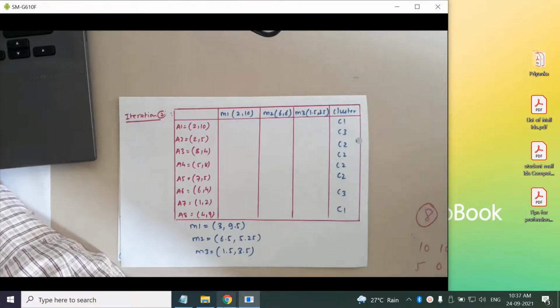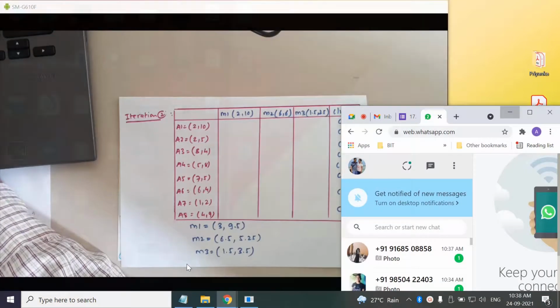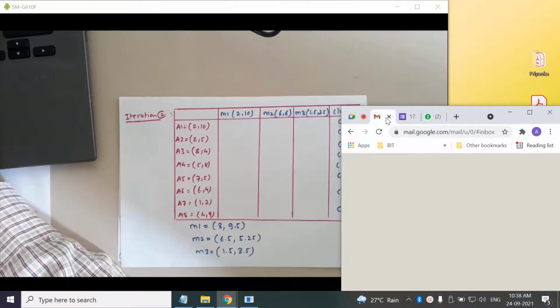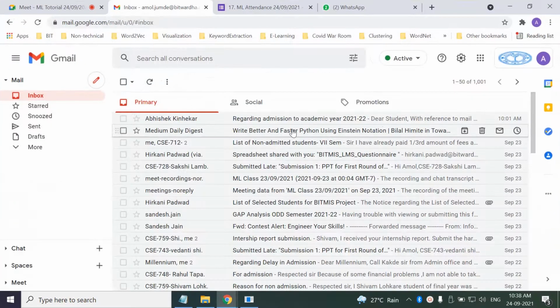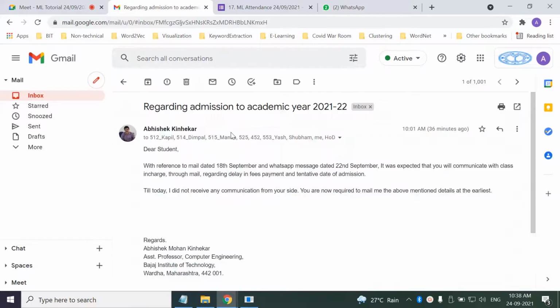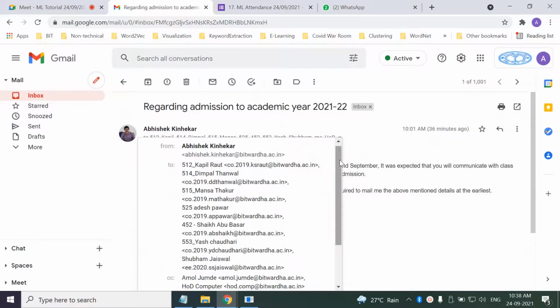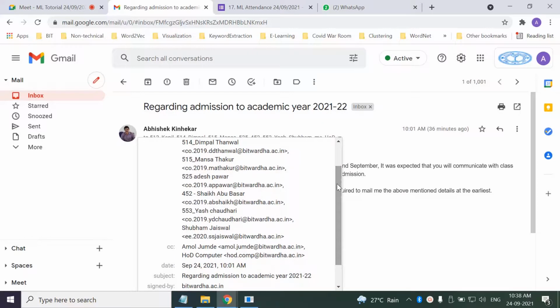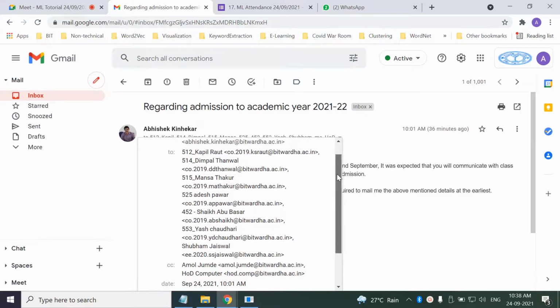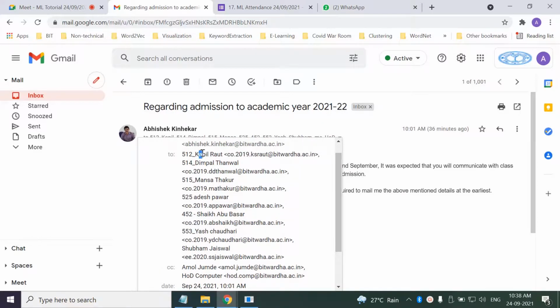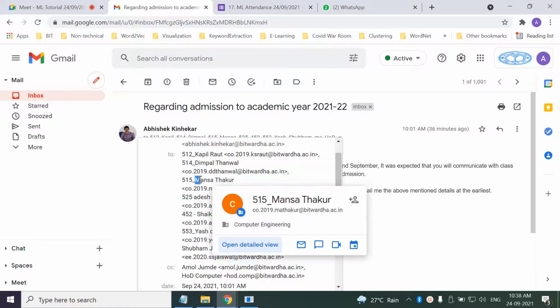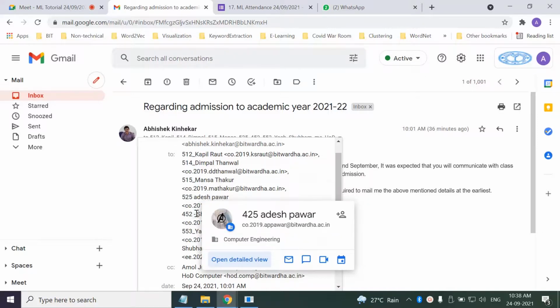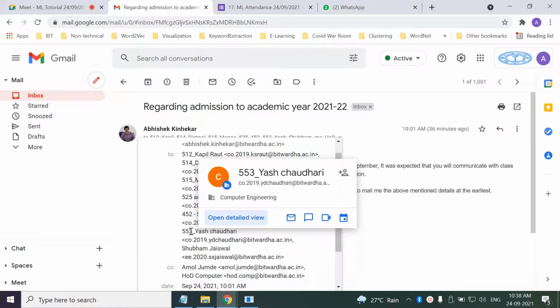There is one more thing I have to discuss. I got one mail from the office and you are not responding to that. So around 20 students have not taken the admission. So do we have Kapil Raut, Dimple, Mansa, Adesh, Sheikh Abu Basar, Yash?